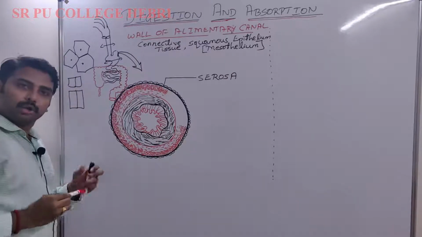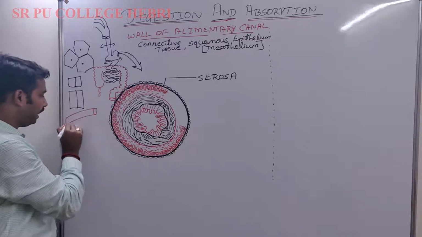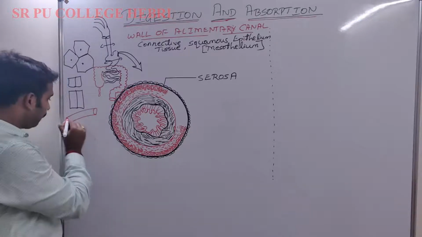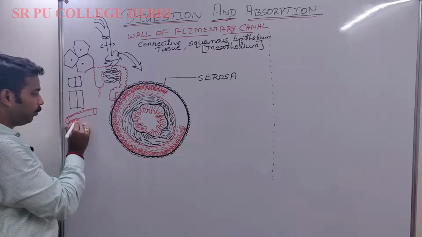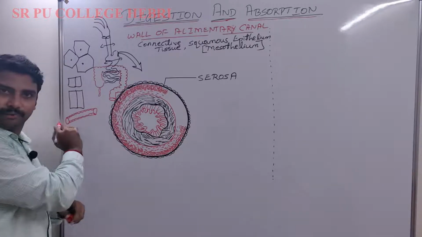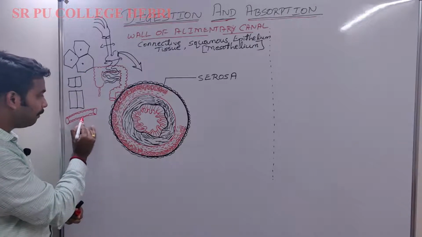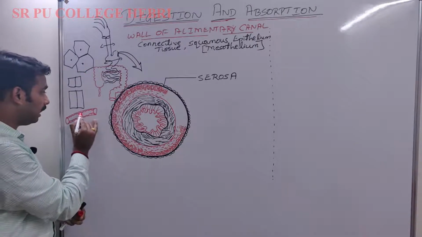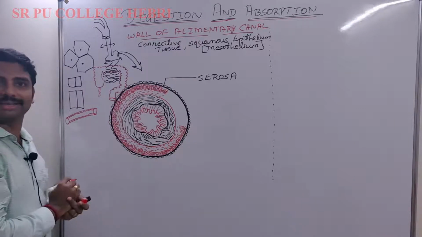Mesothelium. In your body, you have a large number of blood vessels. The blood vessel is also lined by which epithelium? Of course, blood is flowing inside the blood vessel. Squamous epithelium. Here also it is there.